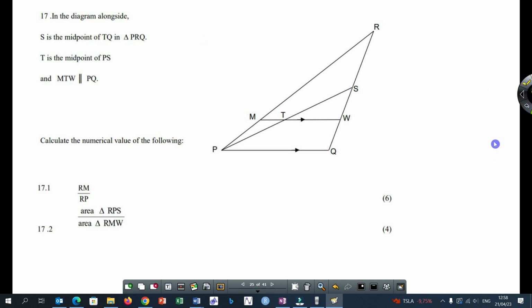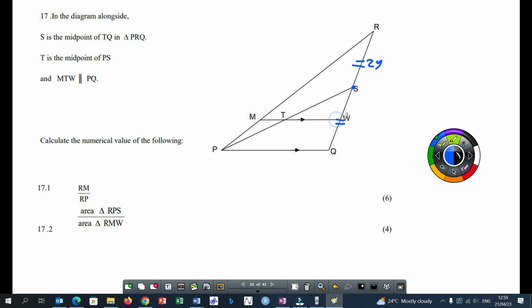Okay, we are going to use the information we had on the previous diagram. It's the same diagram, just that this one is bisected and this one is bisected as well.